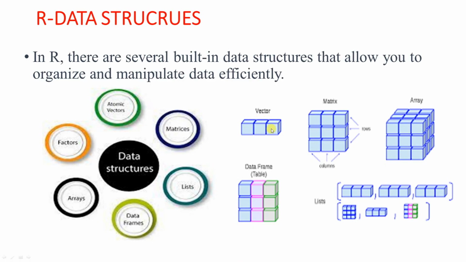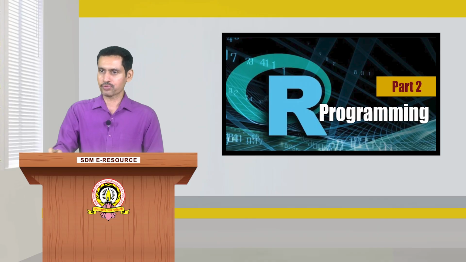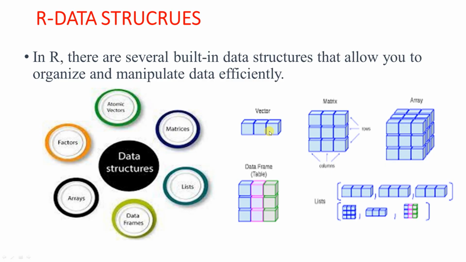This is the block diagram of the vector data structure, where the elements are stored in sequential manner. The first element is stored in the first box, the second element in the second box, and the third element in the third box. Elements are stored sequentially, so it can hold only one row at a time.